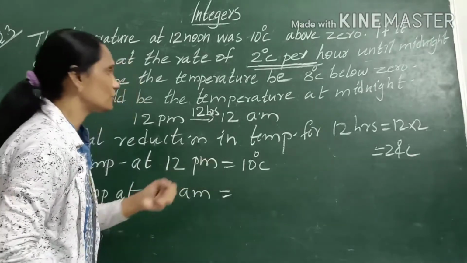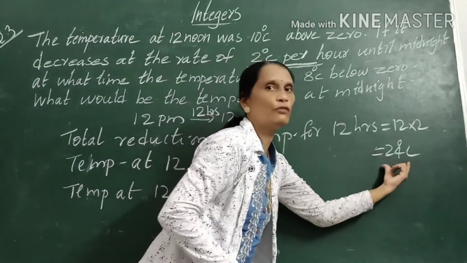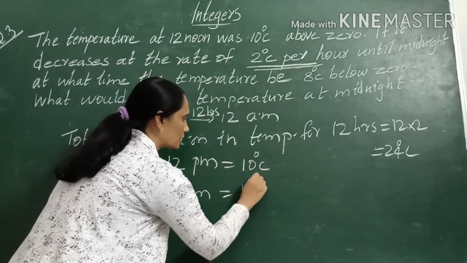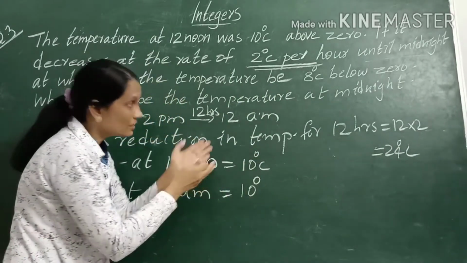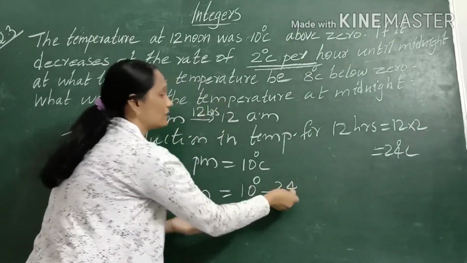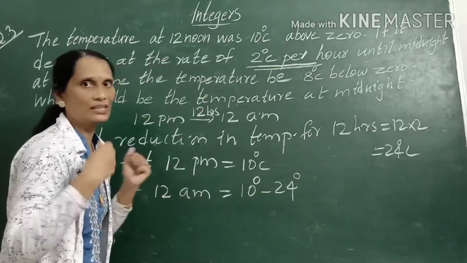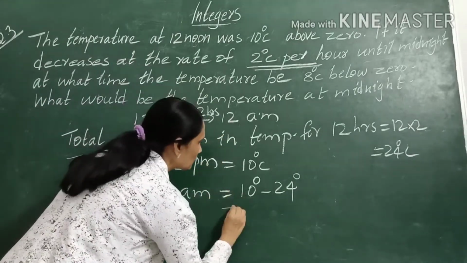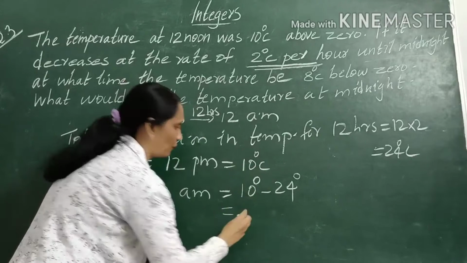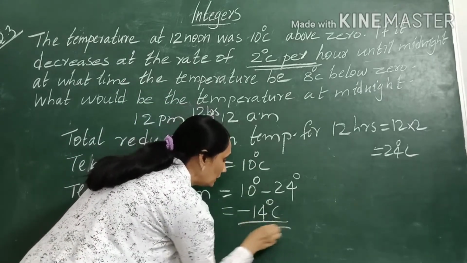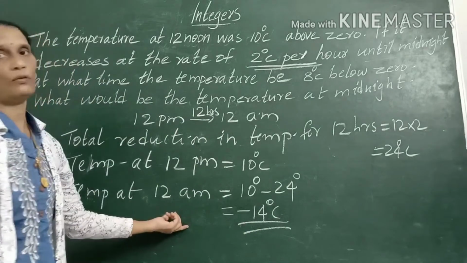So, already we got it, 24 degrees Celsius reduction is there. Actually it was 10 degrees Celsius, and 24 is reduced. 10 degrees Celsius minus 24 degrees Celsius. So, 10 minus 24 is minus 14 degrees Celsius, the temperature at 12 AM.